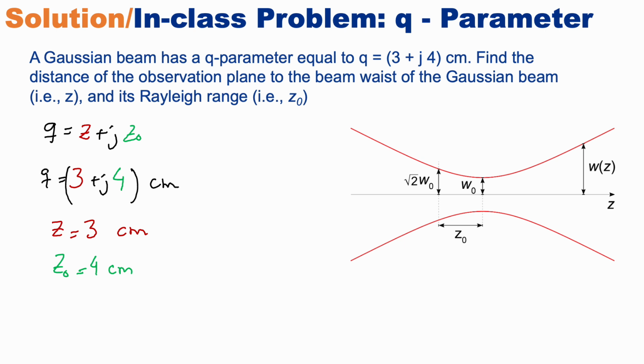So based on that problem, that means we are somewhere here, right? This is going to be 3 when the Rayleigh range is 4 centimeters. So that's a really super simple problem.